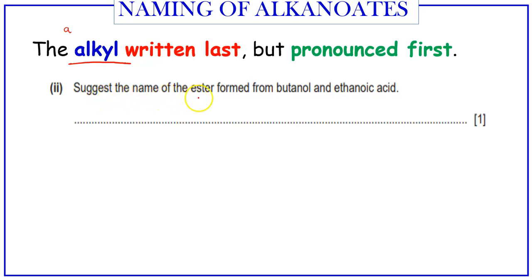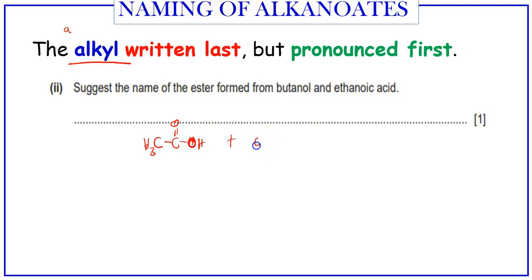So let's take a look at this. Suggest the name of the ester formed from butanol and ethanoic acid. Since we are doing naming here, I'm going to squeeze the formula. So let's write the structure first. This is formed from ethanoic acid and butanol.